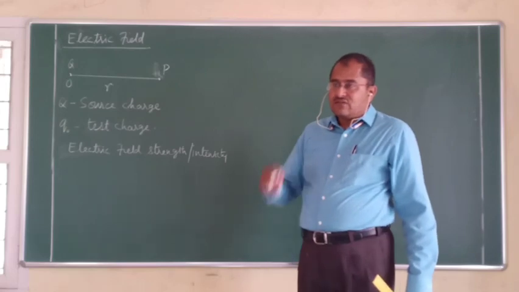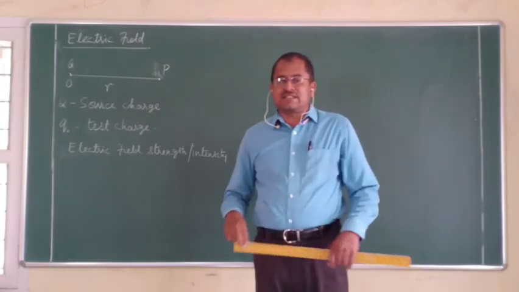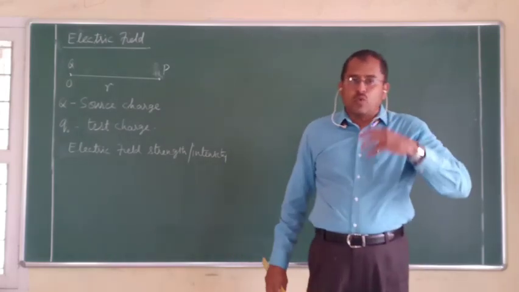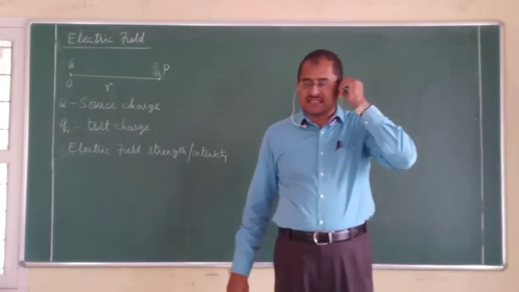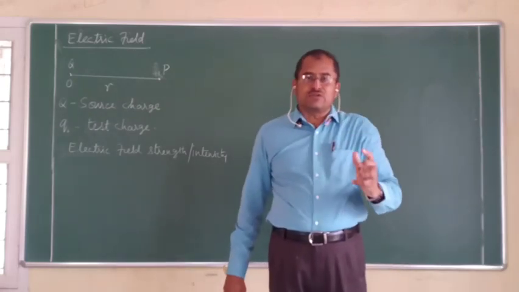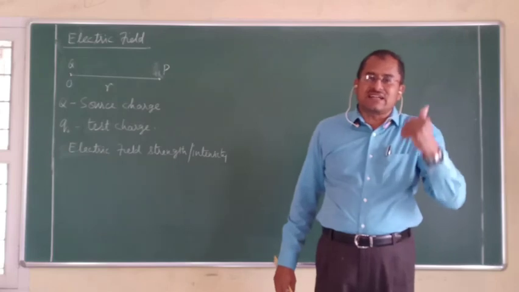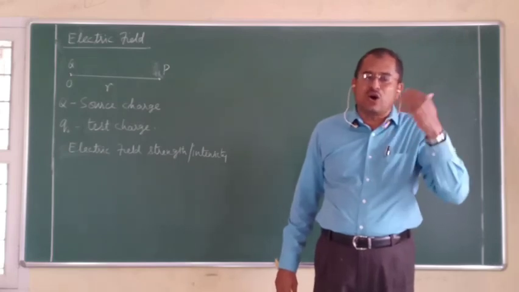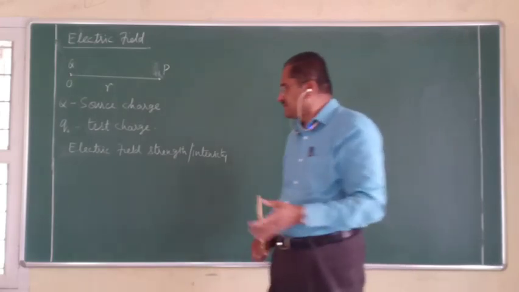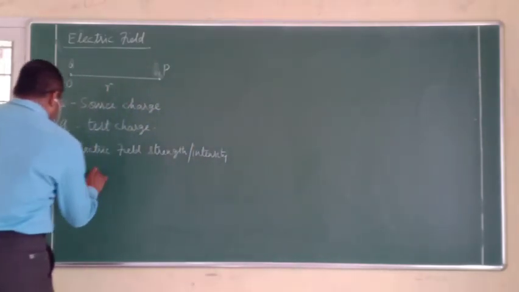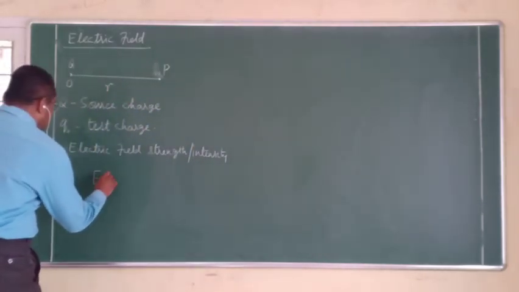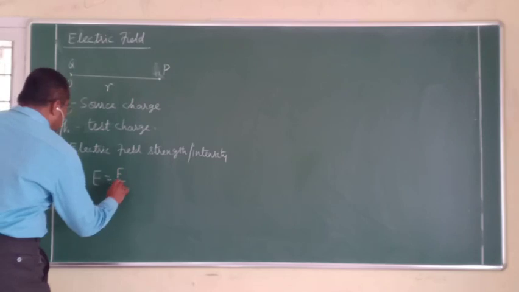Whatever force it experiences there will give you the strength of electric field intensity at that point. Therefore, I will write this as E is equal to F upon plus 1.